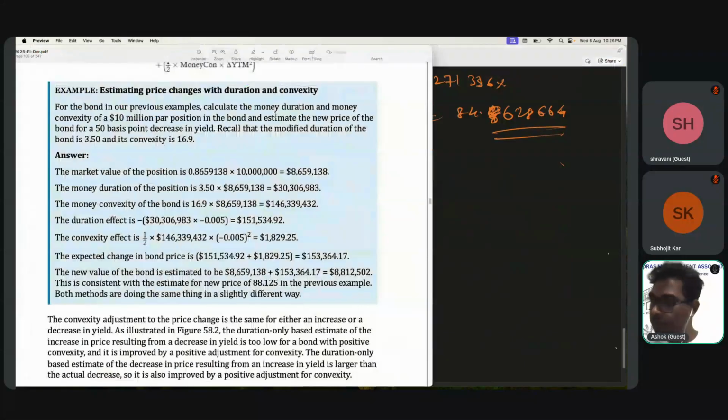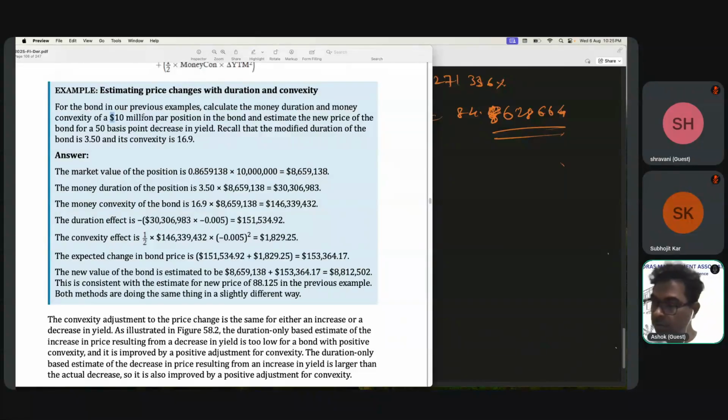Calculate the money duration and money convexity of your $10 million par position in the bond and estimate the new price of the bond for your 50 basis point decrease in yield. Recall that modified duration of the bond is 3.5 and its convexity is 16.9. Okay, money duration and money convexity.